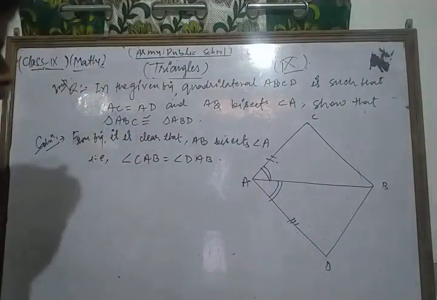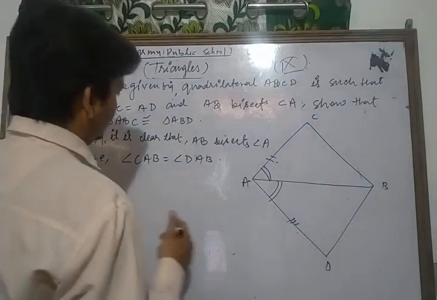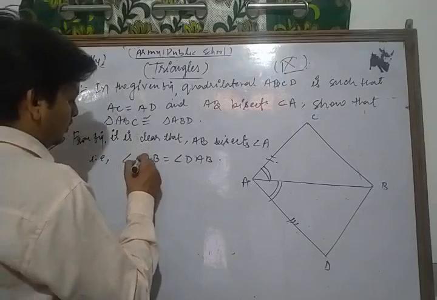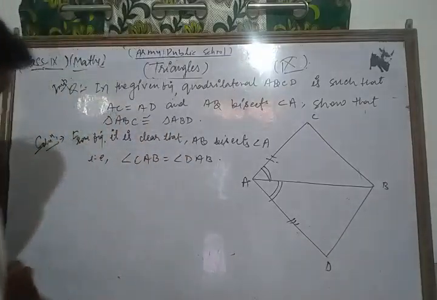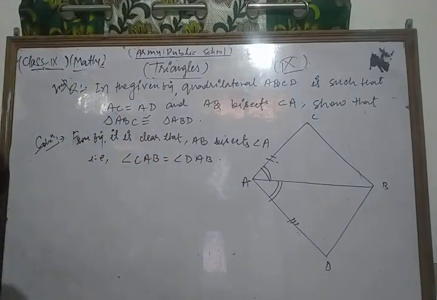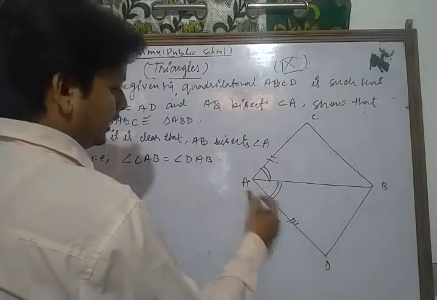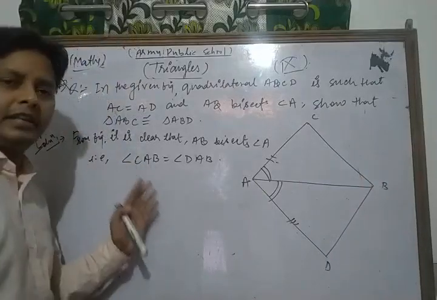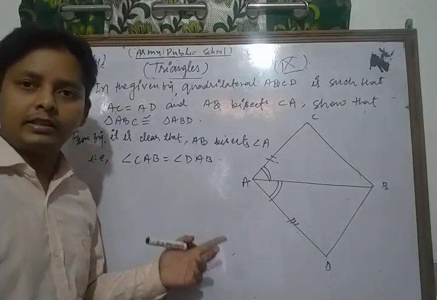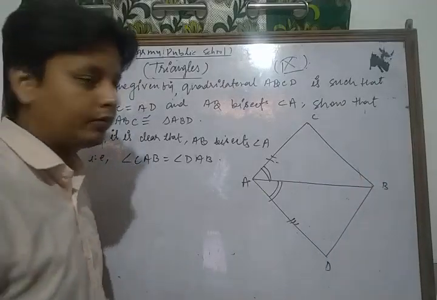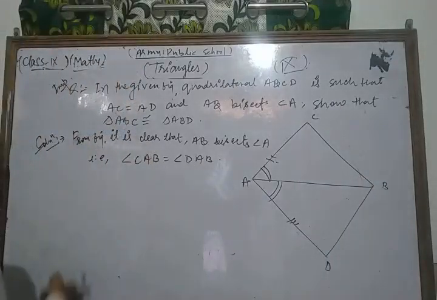This is the concept behind that. Okay. Now, dear students, we have to show that triangle ABC is congruent to triangle ABD. Now we take both the triangles and apply the congruency of triangles.